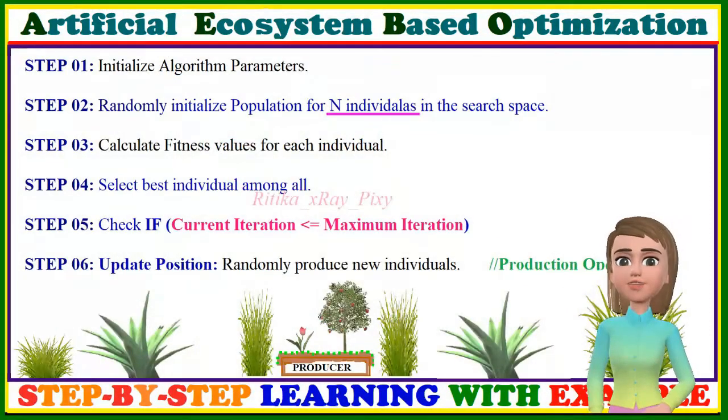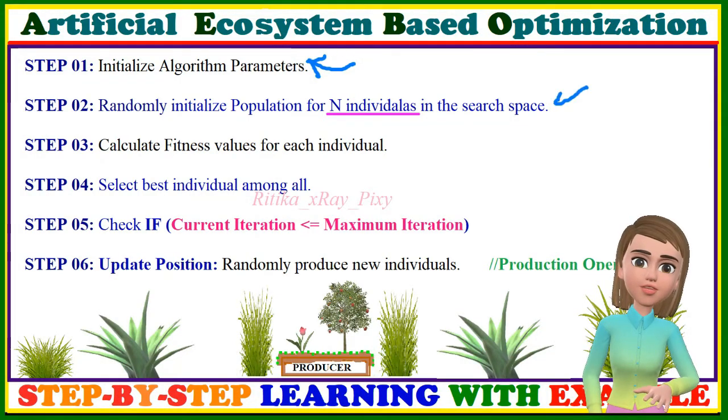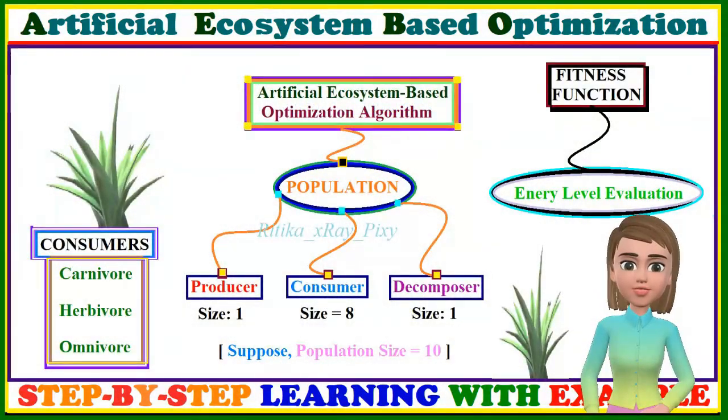Next, you can see we have different steps used in this algorithm. First, we will initialize all important parameters used in this algorithm. Next, we will initialize the population for the n individuals in the search space. Here you can see we have n individuals. For example, we have here population size 10.